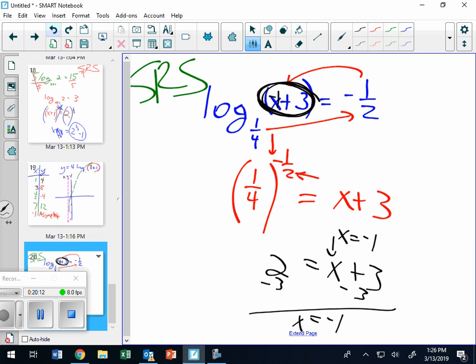I hope you think to check, because on the test, very likely there'll be one where your answer comes out, and when you put it back in, you've made a negative base or a negative argument, and it would be extraneous. But this one was safe. I checked it, I put it right here, and I saw that my base stayed positive and my argument stayed positive. So I was safe. So this is the right answer.